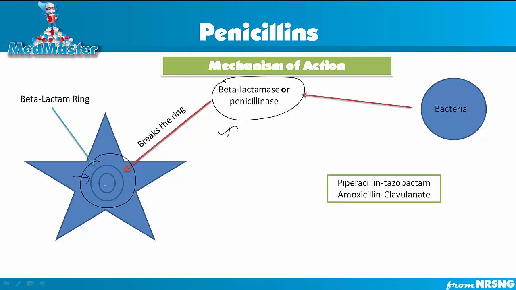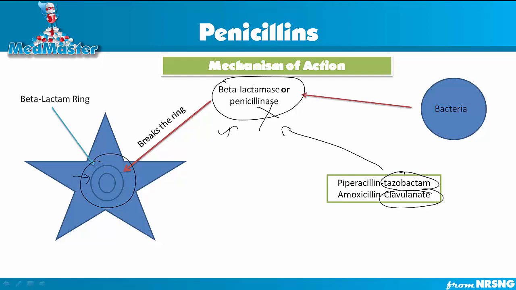Now, in order to increase the effectiveness of penicillin, they add some agents. I have 2 examples: piperacillin tazobactam and amoxicillin clavulanate. Now, this second part, these agents, will destroy this enzyme.